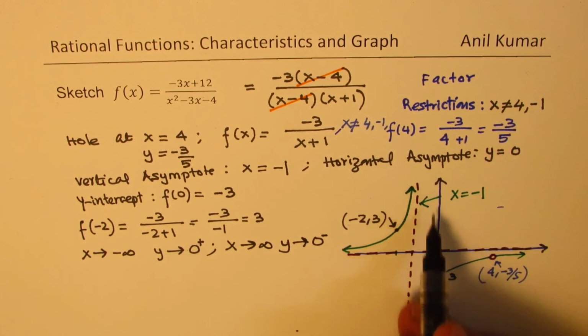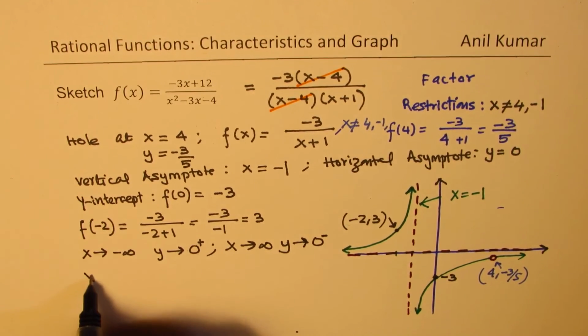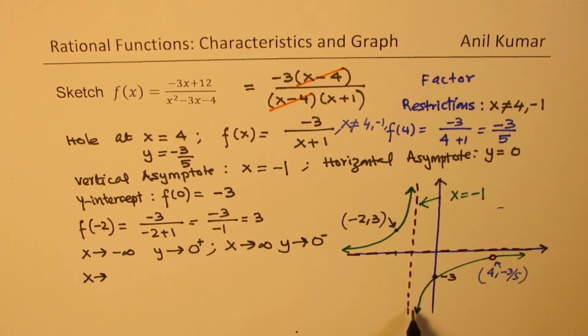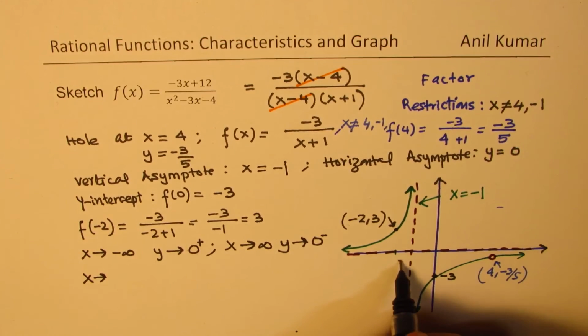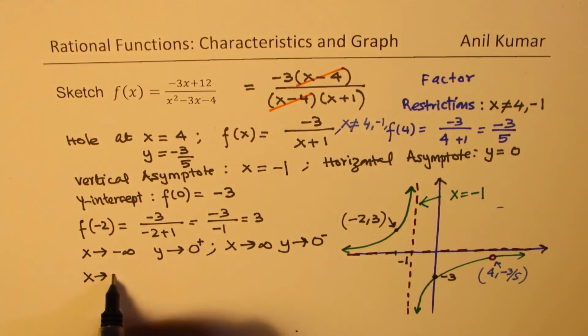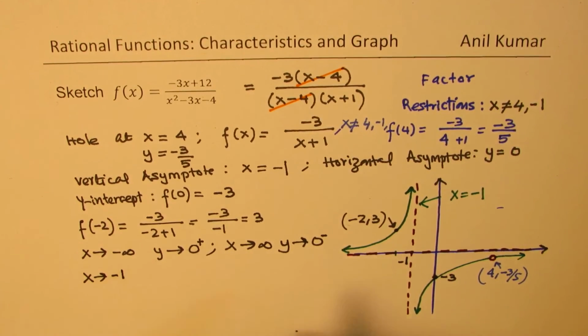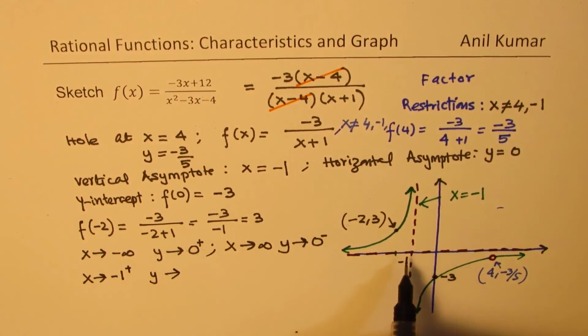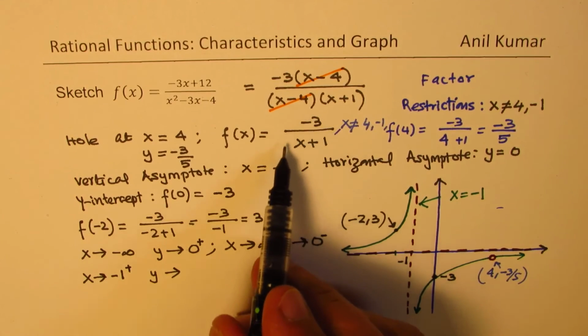Now, behavior near the vertical asymptote. The vertical asymptote is at x equals minus 1. So when x approaches minus 1 from the right side, we write it like plus. In that case, y approaches what? So I can actually write a value, minus 0.9, for example, in the given expression.